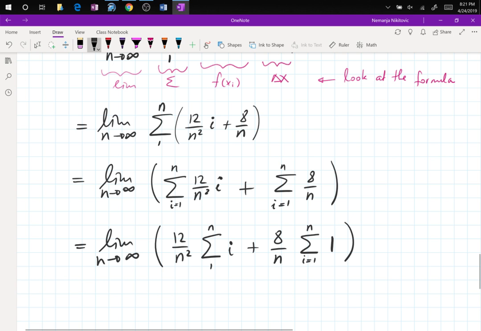So this is what we have. Again, very structured. Steps are always the same. You just have to be careful with what kind of functions you have to plug everything in.